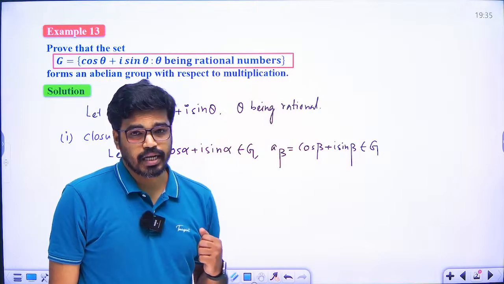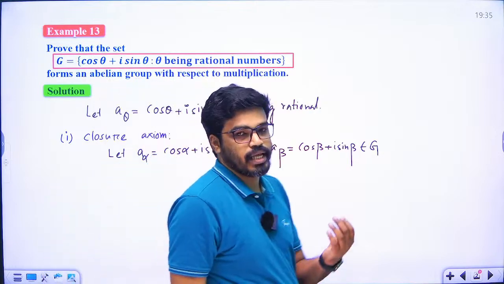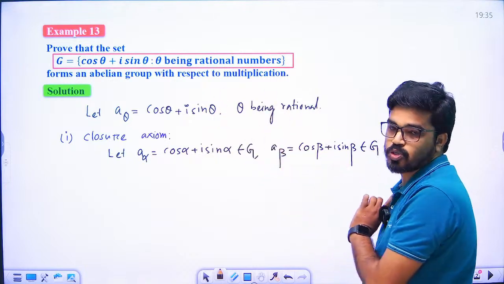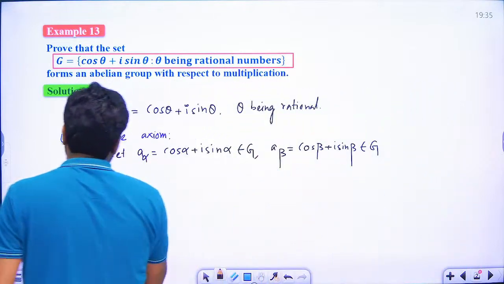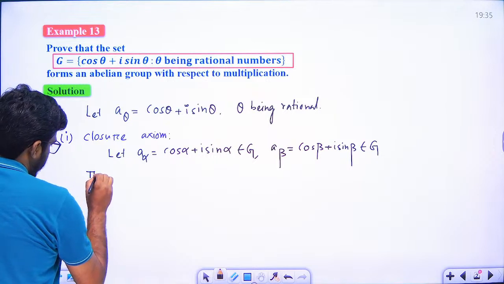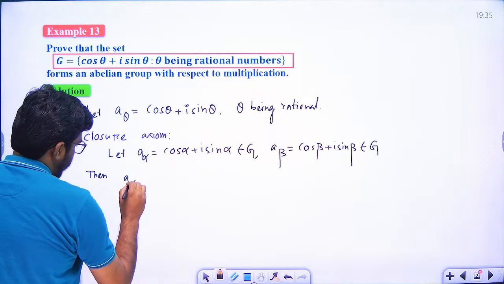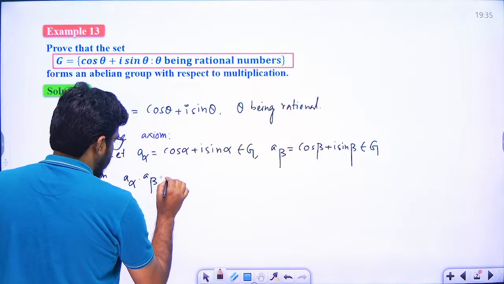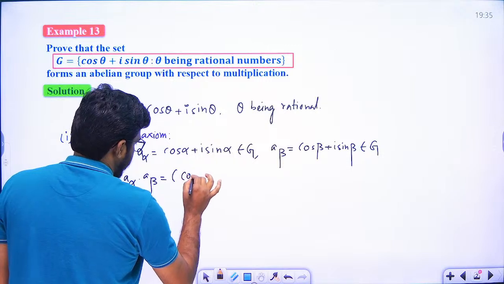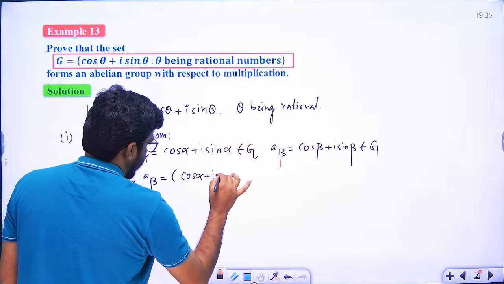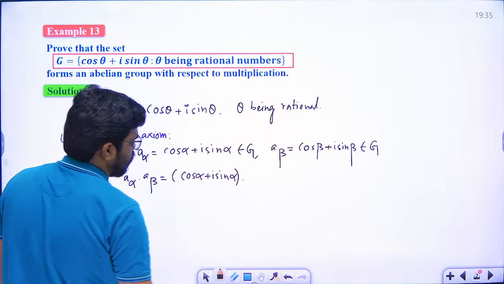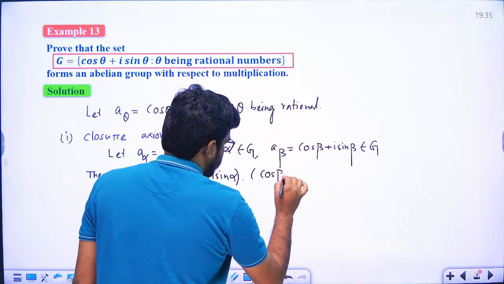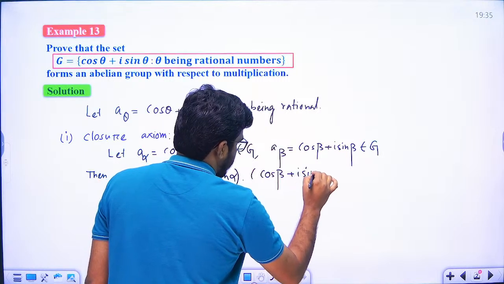So what is our target? Our target is to show that a alpha dot a beta belongs to G. Then a alpha dot a beta: a alpha is cos alpha plus i sin alpha, dot a beta, which is cos beta plus i sin beta.